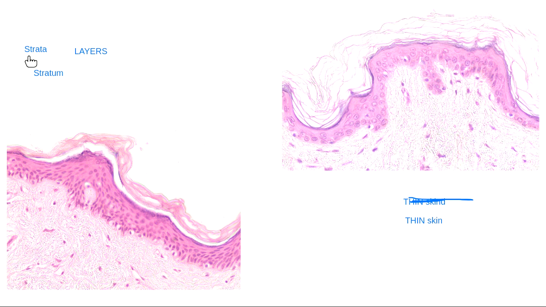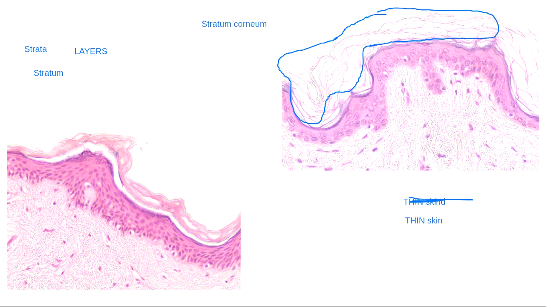We're going to start with the outermost layer. I'm going to circle it here on one of my pictures. The outermost layer of the skin that I see up here is called stratum corneum. This corneum word means cornified, a fancy word for saying it's filled with keratin, and those cells are completely dead.